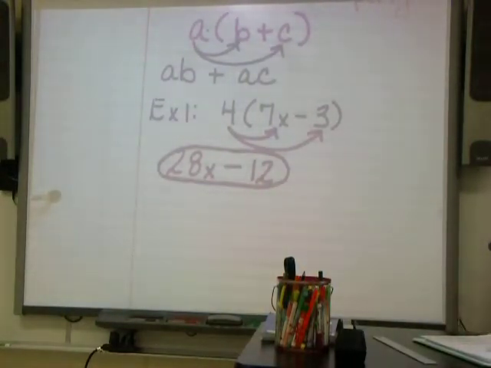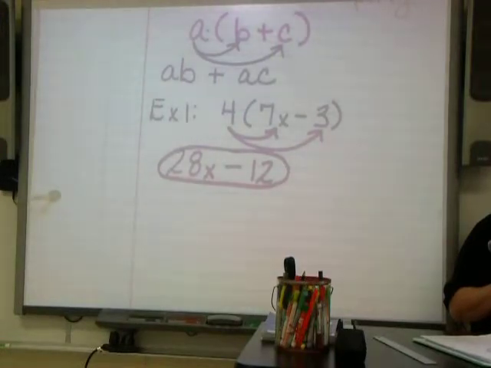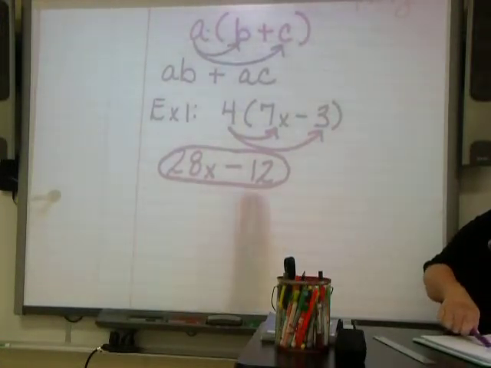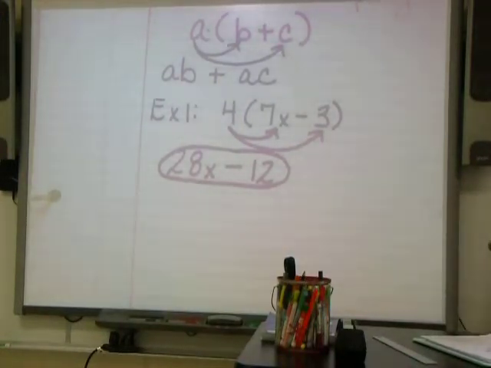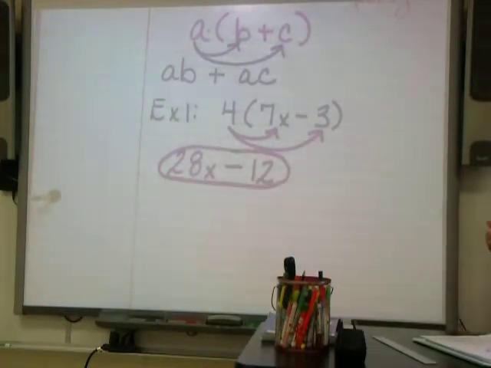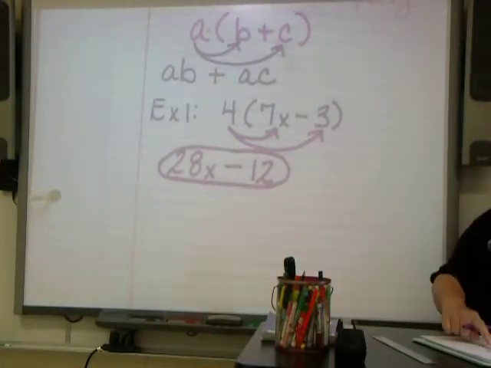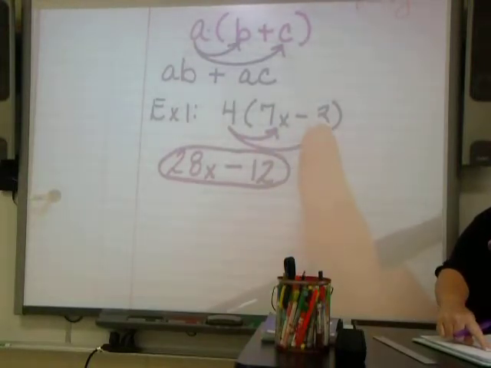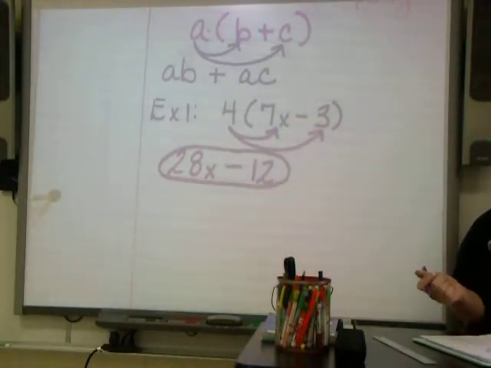Would 28x plus a negative 12 be the same thing? Keep, change, change. Would 28x plus a negative 12 be the same thing? Yes. So you may have a different looking answer if you went keep, change, change already on the inside of the parentheses.